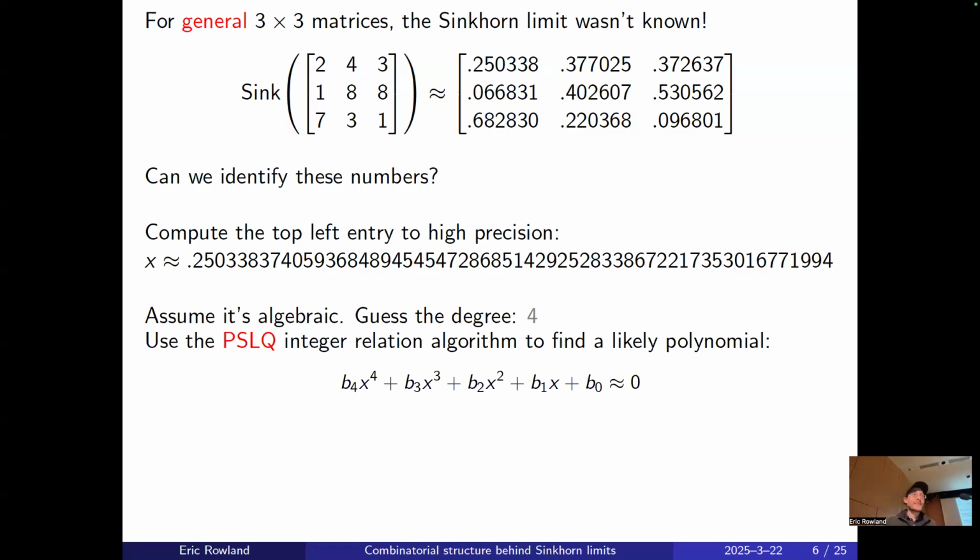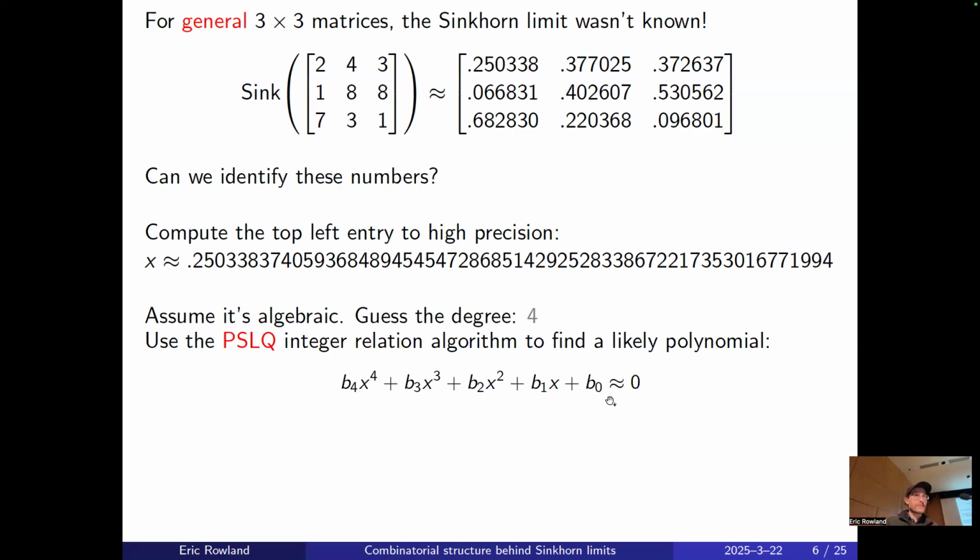And then to actually identify it, you can use what's called the PSLQ algorithm. This is an algorithm that looks for an integer linear relation among a finite set of real numbers. So here your real numbers are going to be, this is your approximation to x. You're going to raise that to the 4th power, the 3rd power, the 2nd power, take x itself, and also take 1.